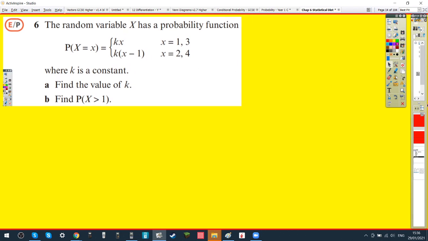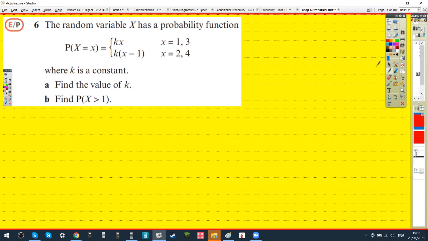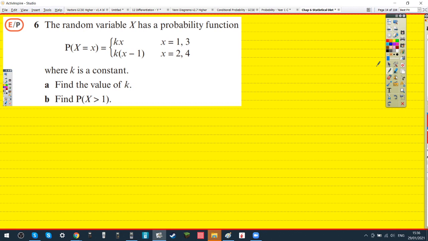This time, I'll let you see how you do. Okay, so I think here I need to do a K plus 2K plus a K plus 3K plus 3K.